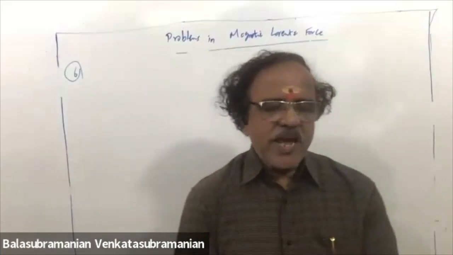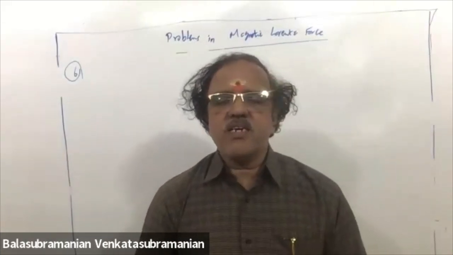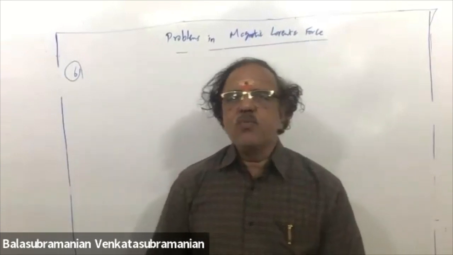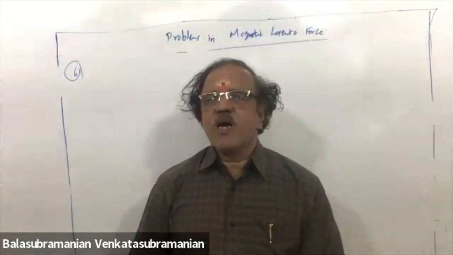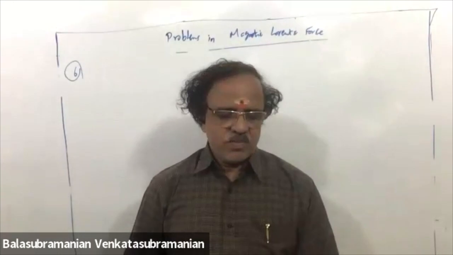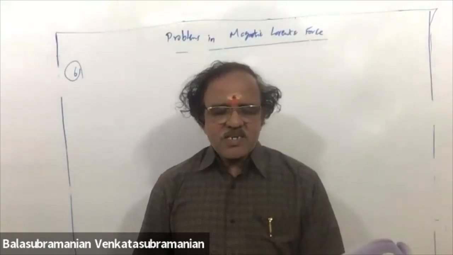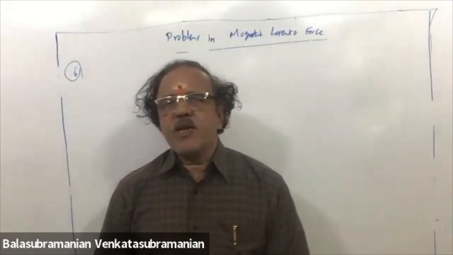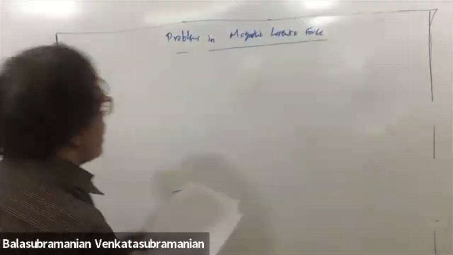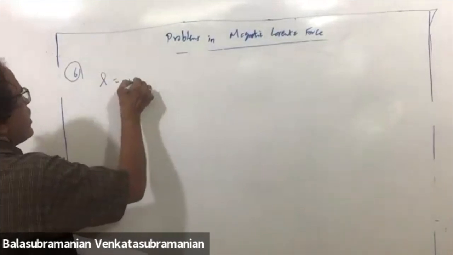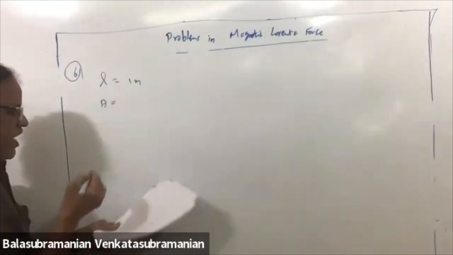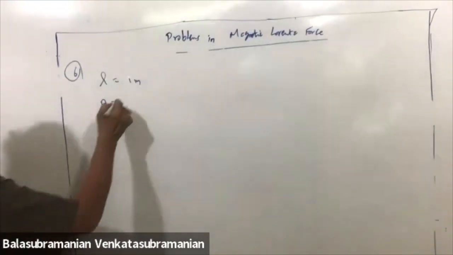Copper has 8 into 10 power 28 electrons per cubic meter. That means number of electrons is given. Copper wire length 1 meter, cross sectional area 8 into 10 power minus 6 meter square. Length 1 meter, area 8 into 10 power minus 6 meter square.